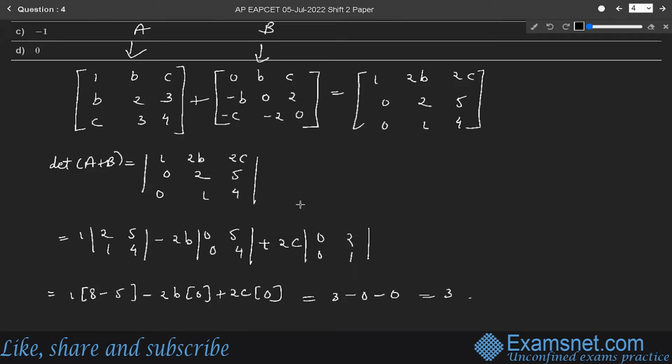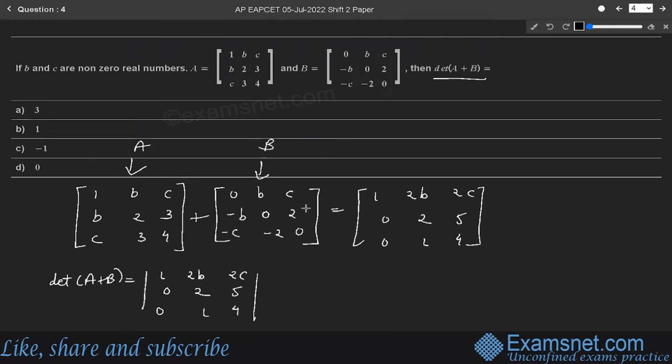Therefore, we can say that the value for determinant of A plus B is 3. So option number A is the correct option for this question.